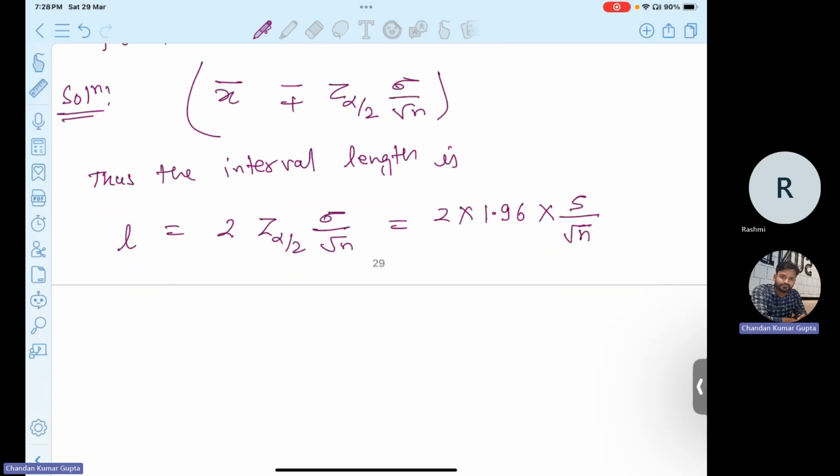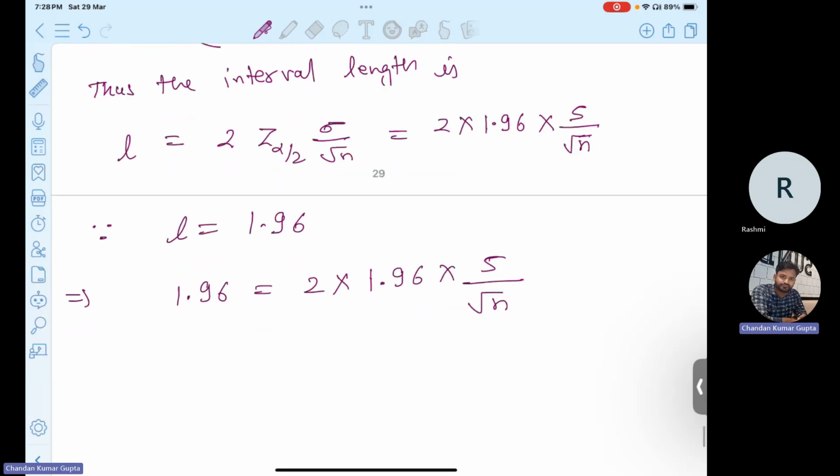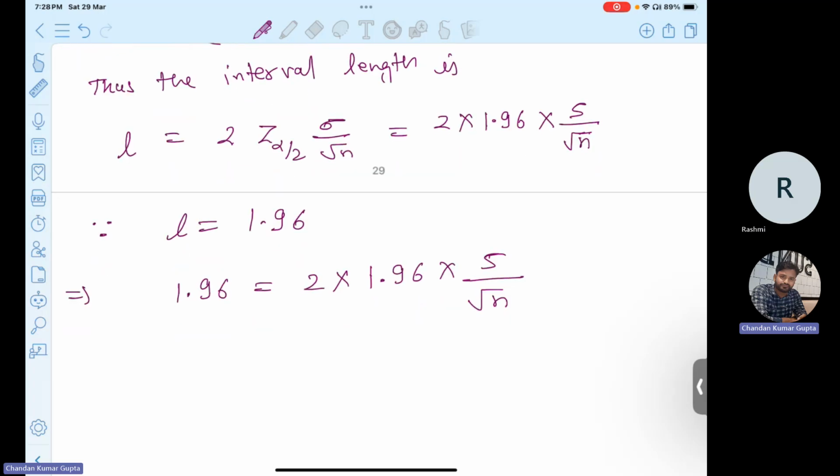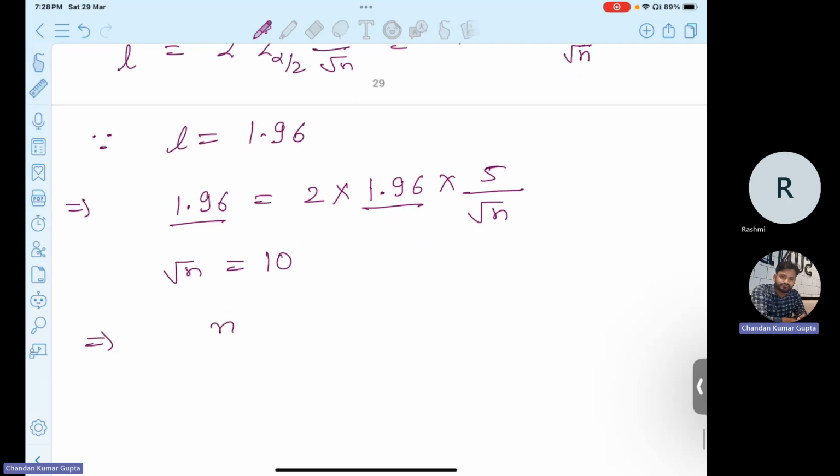Don't be confused between z alpha by 2 and l. So 1.96 equals 2 times 1.96 times 5 divided by root n. The 1.96 cancels out, so root n equals 10, which implies n equals 100.